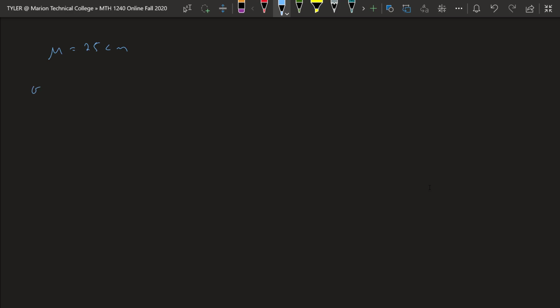One where the standard deviation is 6 centimeters, and the other case where the standard deviation is 2 centimeters. Right, and we're considering the value of 31. We're wondering, is that far away from a mean of 25?